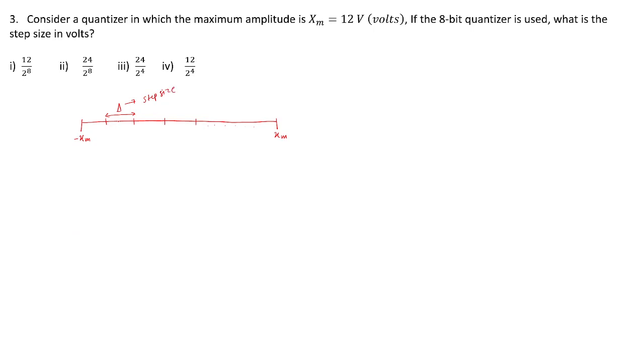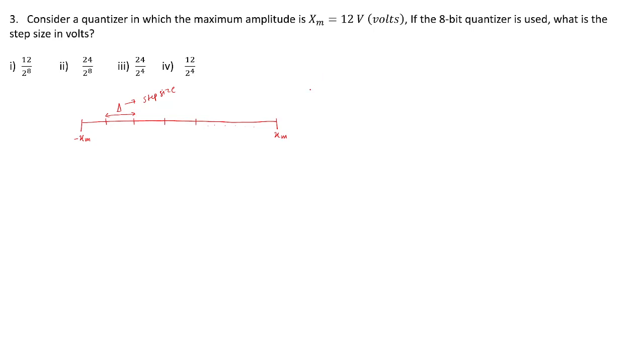Suppose your input amplitude is sampled and the quantizer finds it to be this value; since it is closest to this level, it will do the mapping, so this continuous input amplitude will be mapped to this discrete representation. When you increase the number of levels, you have more granularity, your step size reduces, and you can more accurately represent your input amplitude in terms of the corresponding discrete representation.